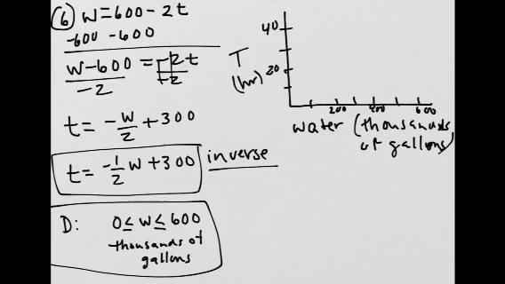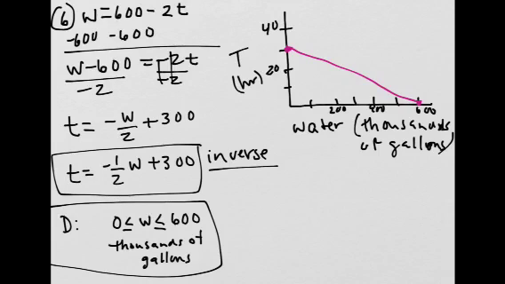So it takes 30 hours to drain the tank, or the swimming pool actually, to drain all 600. It's a straight line. I know it doesn't look straight on my screen, but it should be.